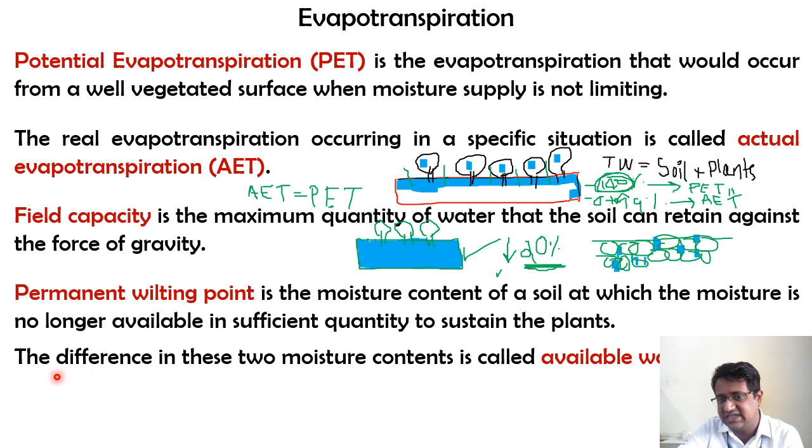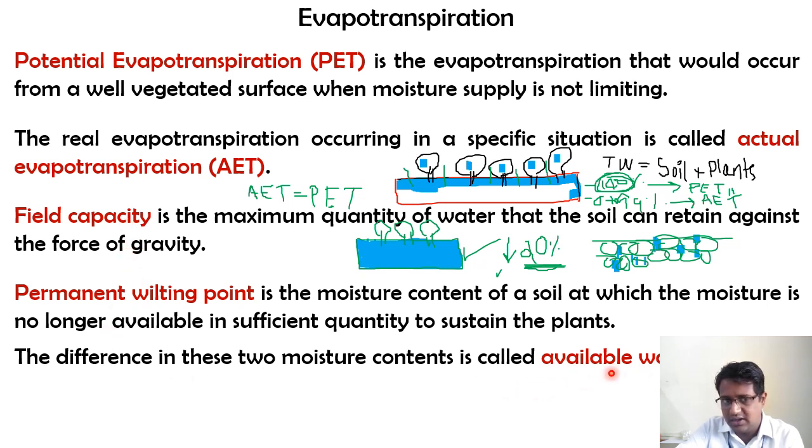Now the last one: the difference between these two moisture contents, your field capacity and permanent wilting point, is called available water.